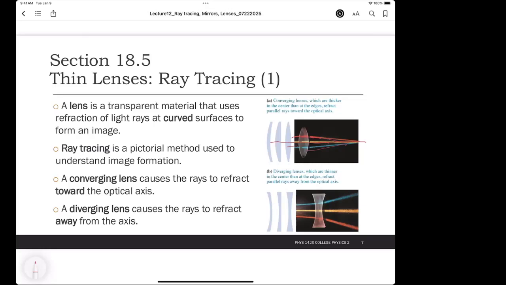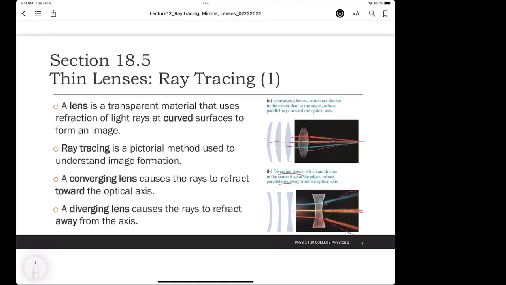And a divergent lens, like this is a divergent lens, causes the rays to refract away from the axis. You can see this is the axis, and the rays refract away from the axis. This is a divergent lens.